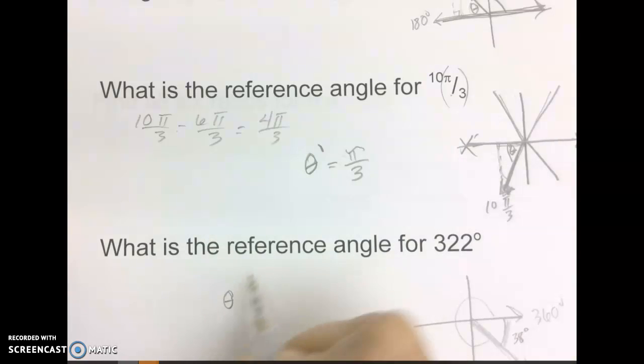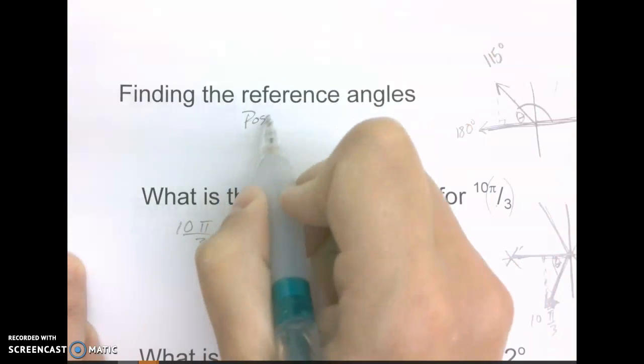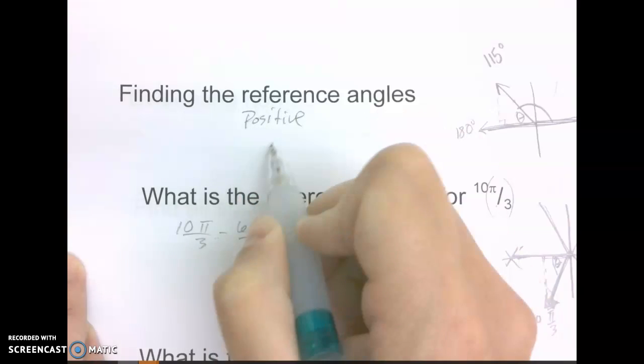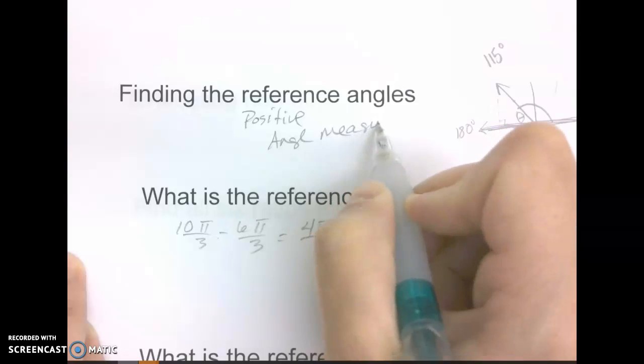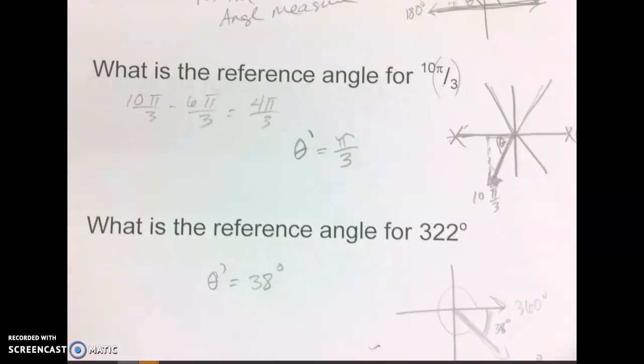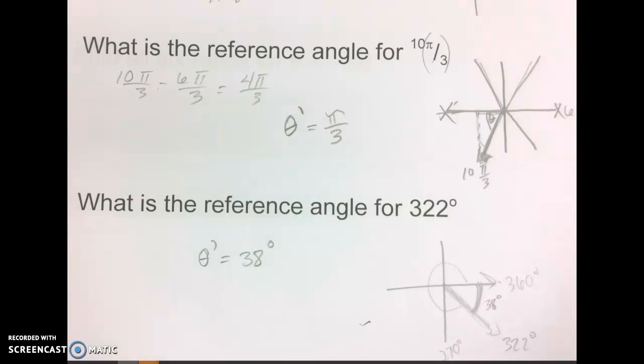So theta prime, or my reference angle, is 38 degrees. Now, I don't say that it's negative because the reference angle is always a positive angle measure. It's just basically giving us the angle distance from the terminal side to the x-axis.